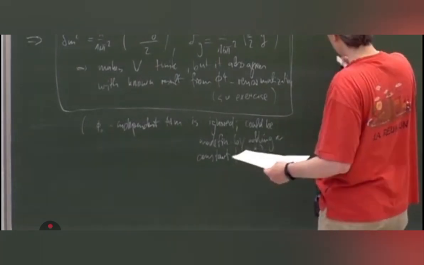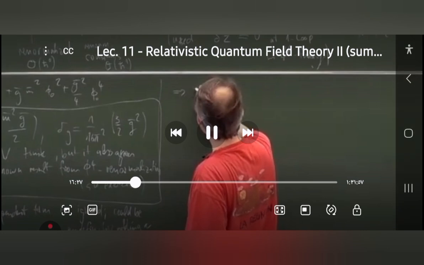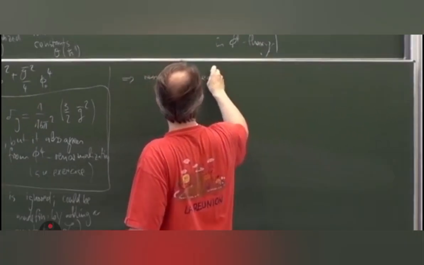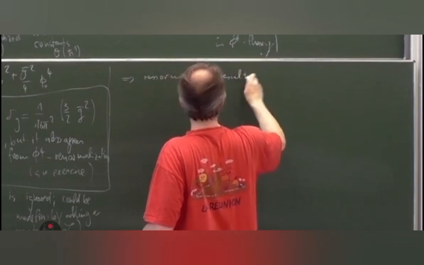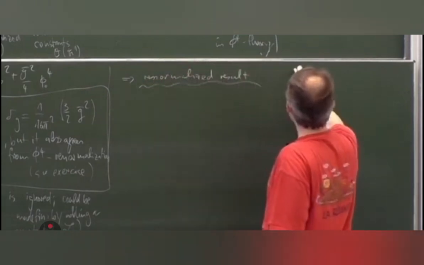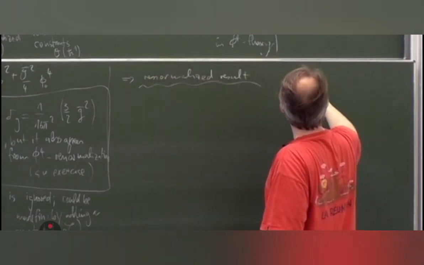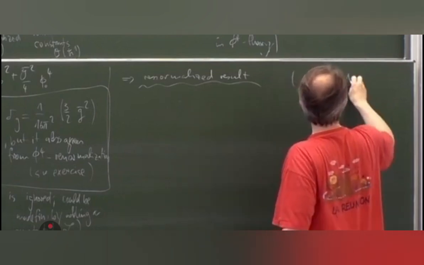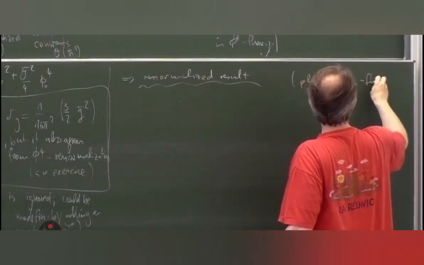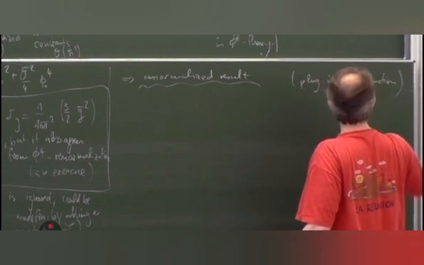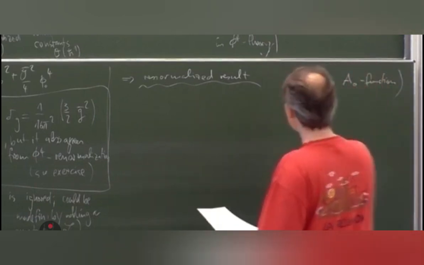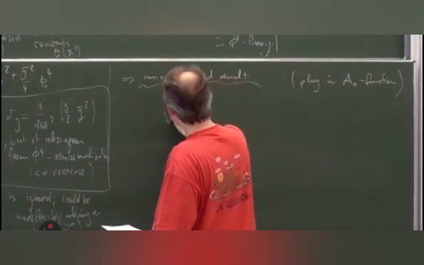Okay, and then we obtain the renormalized result by plugging in the full value of the A0 function. You did similar discussions in the exercise, therefore I just write down the full result.